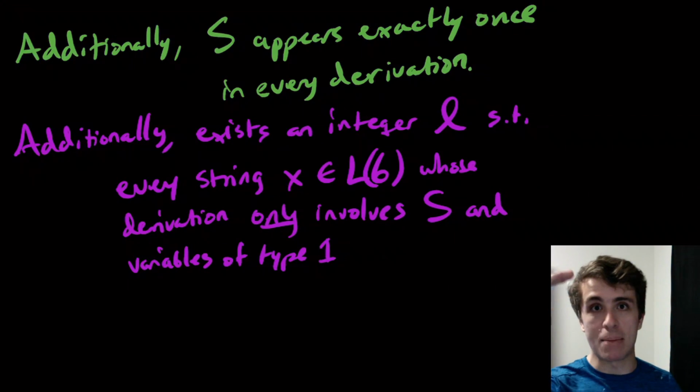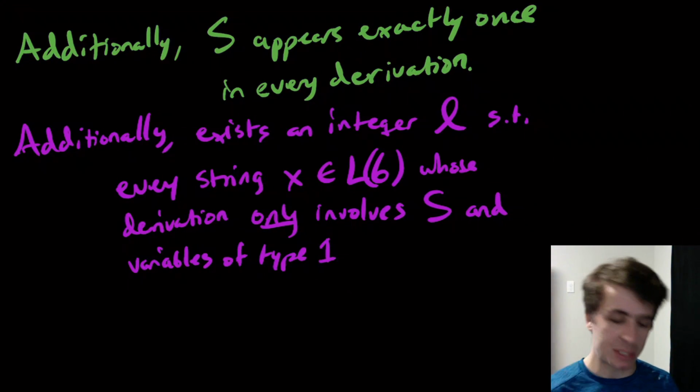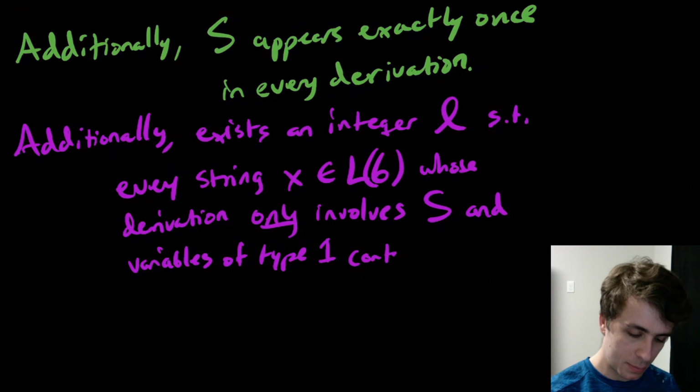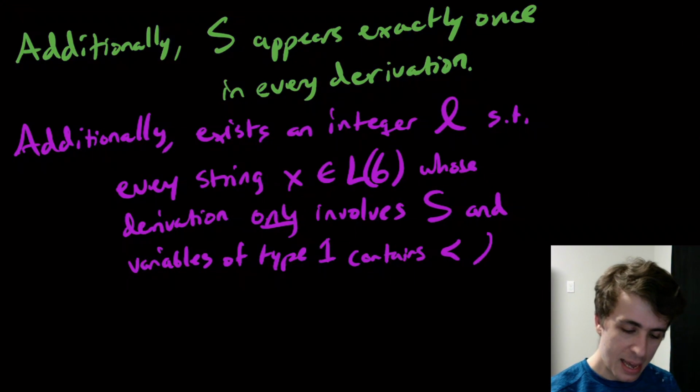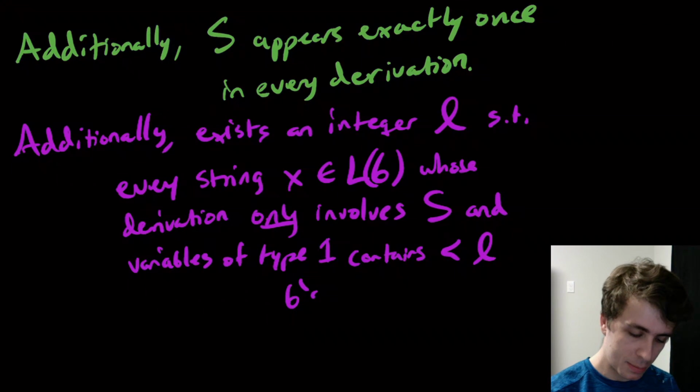So remember type 1 above. So if it only has variables of those types, contains fewer or at least strictly less than L b's.